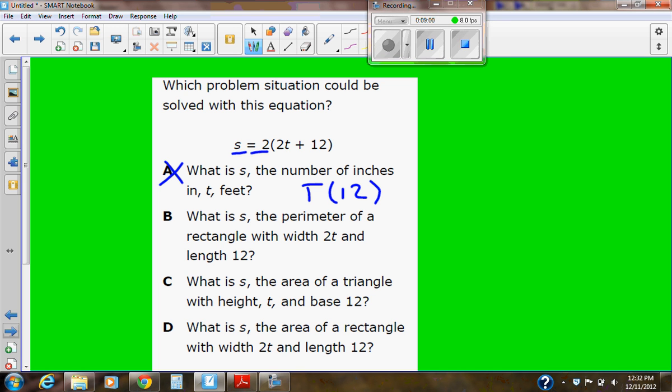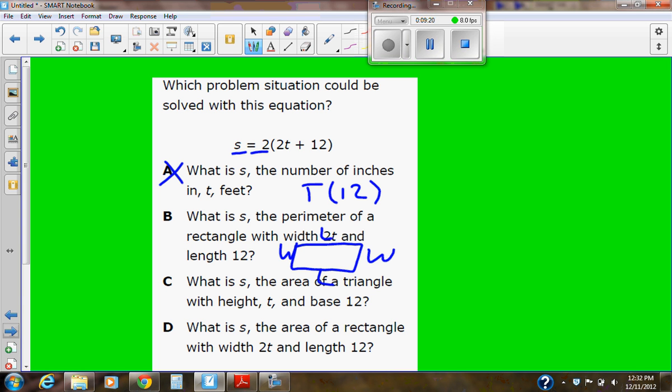Let's look at B. What is S? The perimeter of a rectangle with the width 2t and length of 12. Well, if you take a look, a rectangle has 2 widths and 2 lengths.